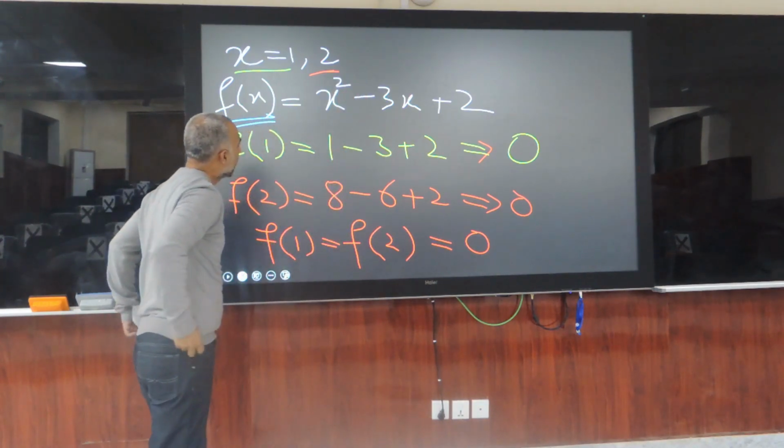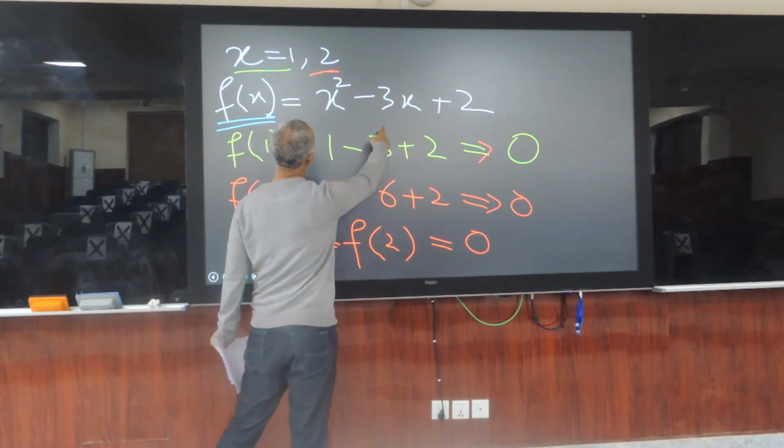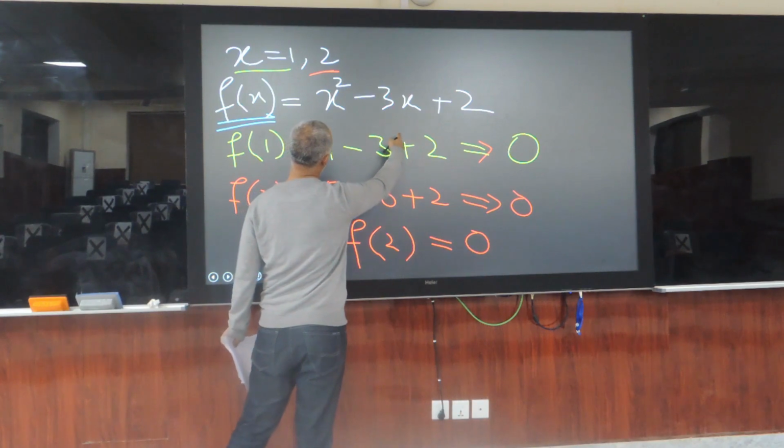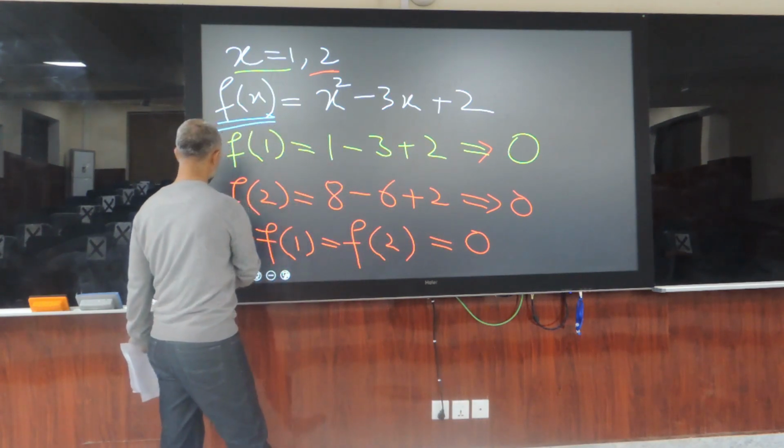Square. Okay, by substituting 1, minus 3, 2s are 3 plus 2 equal to 0.